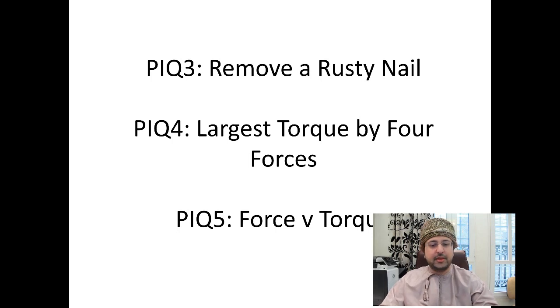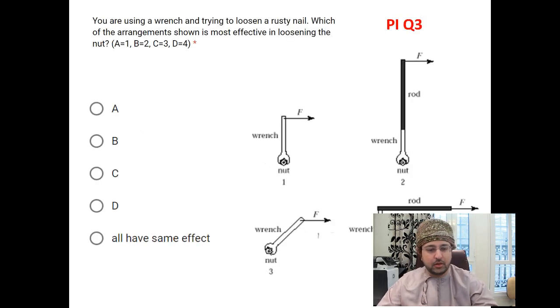Let's take a look at 3 PIQs. You're using a wrench and trying to loosen a rusty nut. Which of the arrangements shown is most effective in loosening the nut? 1, 2, 3, or 4? Or do they all have the same effect? Let's take a look. Number 1, you have a wrench, a nut, perpendicular, so torque max. Number 2, again torque max.